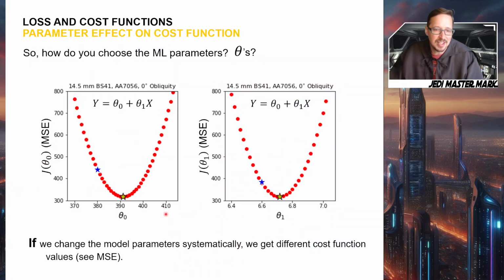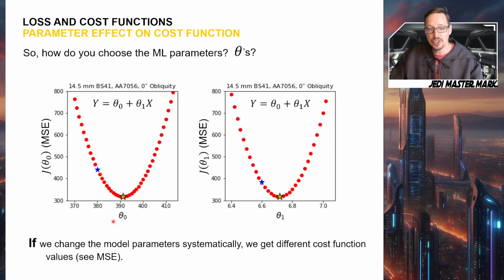And here's what happens if you change the model parameters systematically. The plot that I did show on the left was actually the optimal model parameters. So you see here 391, I believe this is our theta naught term, and 6.72 was our theta 1 term. If we start to shift it, what does that mean squared error term look like?